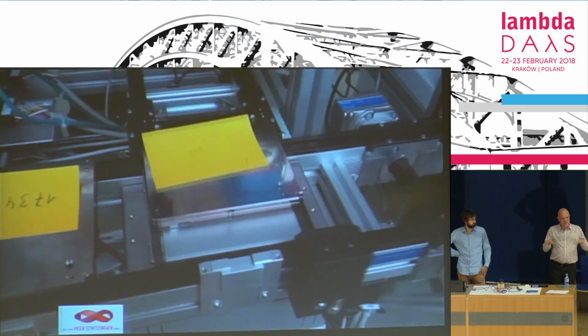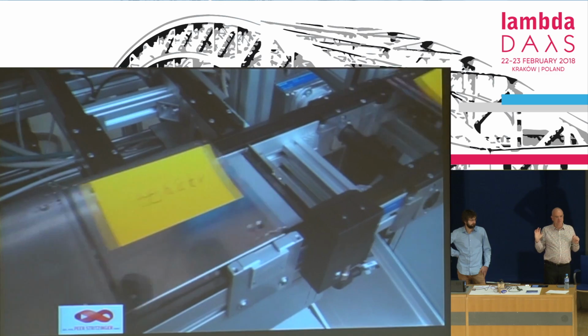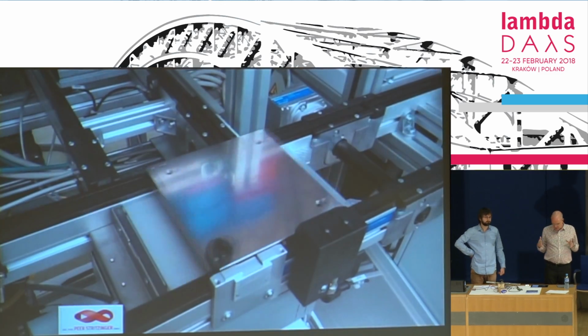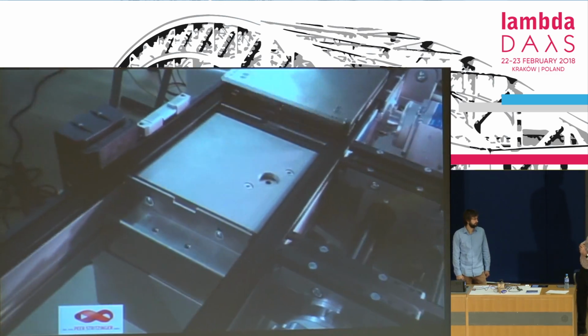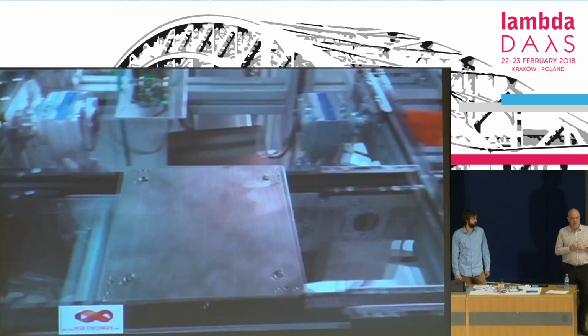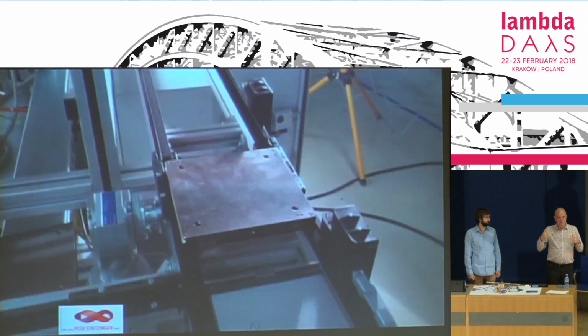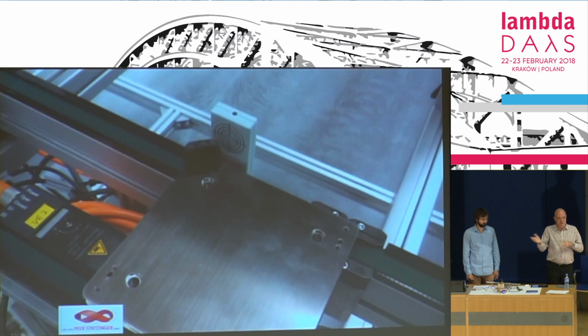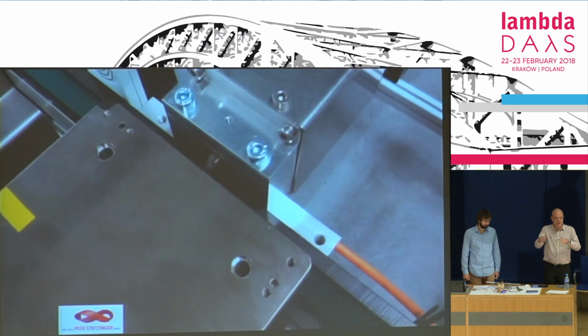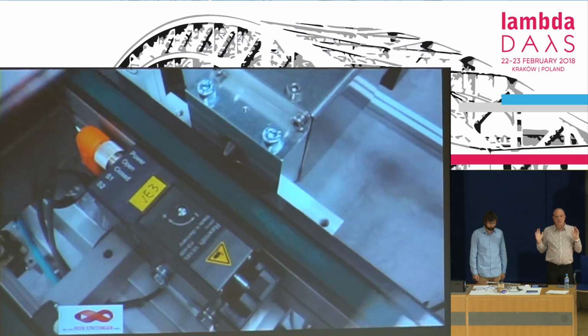You have these little pallets running around, and you have RFID tags on the pallets. Basically, you identify the product, and then you decide what to do, to move it in a different direction or to actually stop and work on it.